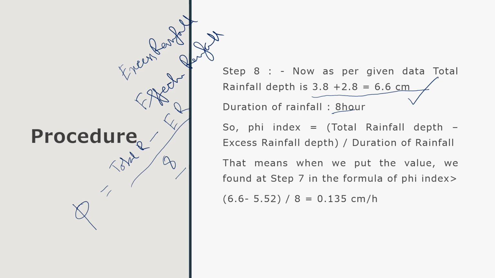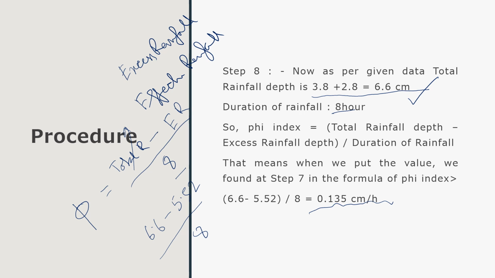Numerator is also known. Total rainfall from the given data, that is 6.6 centimeter. Effective rainfall that we have calculated in the earlier steps and have found that it is 5.52, divided by 8. You will find that this will be your phi index.